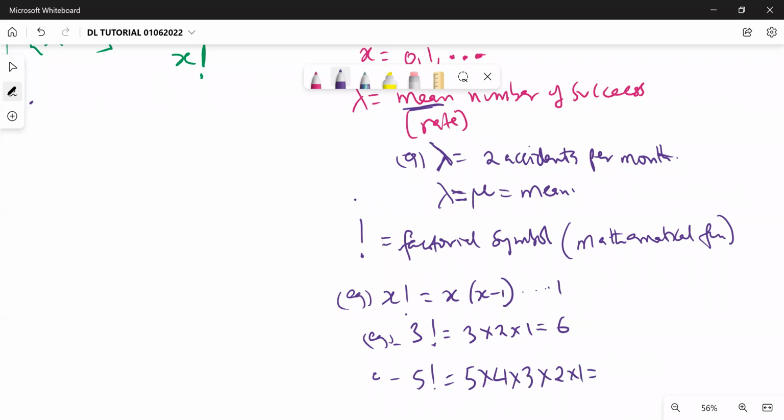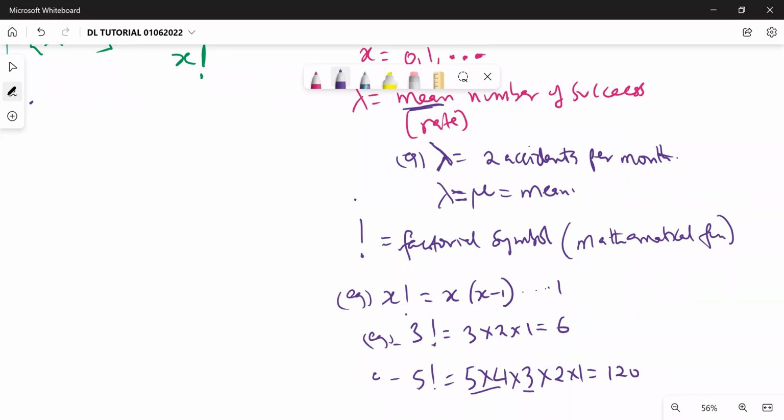So that's the mathematics behind the factorial function. Okay. So if you take 5 factorial, this is 20, 60 times 2, this is 120. You can find other values using your calculator.